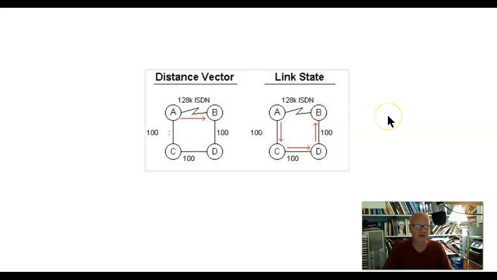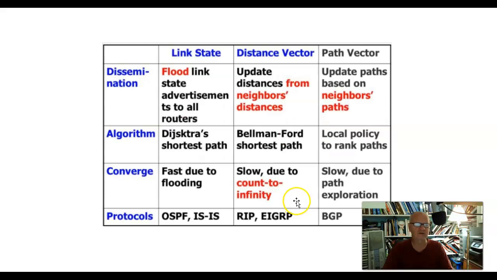Now there are some basic differences, and I'm not going to go into detail about these differences, but let's take a look at some of the basics of them. The distance vector just learns from neighbors how far. Each router says, hey, I can get there in 1 hop, so you can get there in 2. Then that router says to the next router, you can get there in 3, and so forth. That's the Bellman-Ford shortest path methodology.